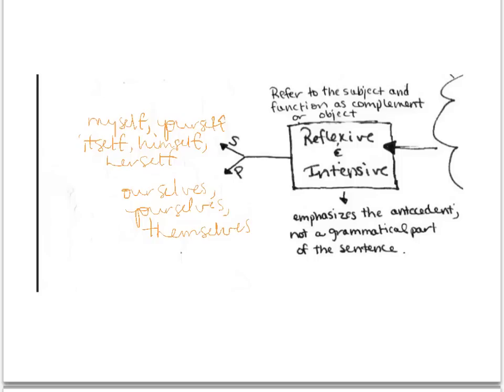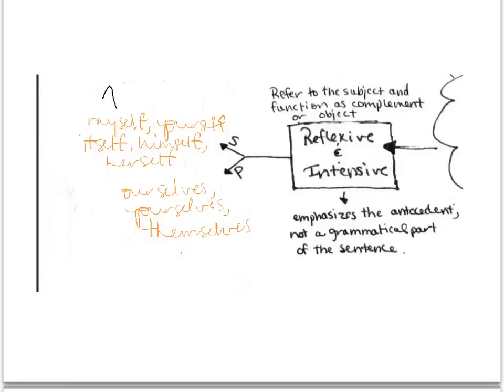The reflexive pronoun versions, when these words are functioning as reflexive pronouns, are going to refer to the subject of the sentence, and they are going to function as a complement or as an object.